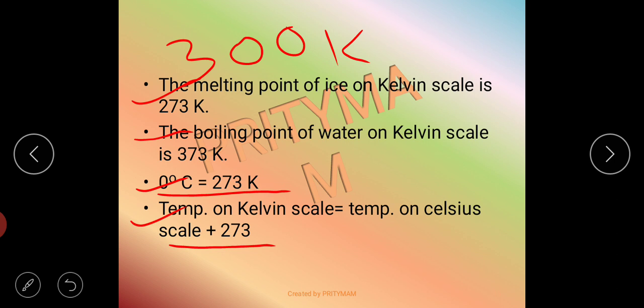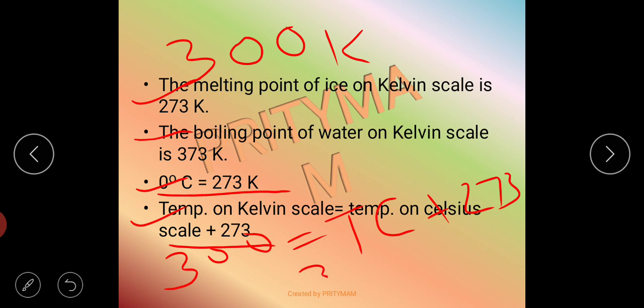Temperature on the Kelvin scale, which is 300, will be equal to temperature on the Celsius scale plus 273. So we are going to subtract 273 from 300. And if we subtract, what will be our answer? 27 degrees Celsius. So this is how we are going to convert it.